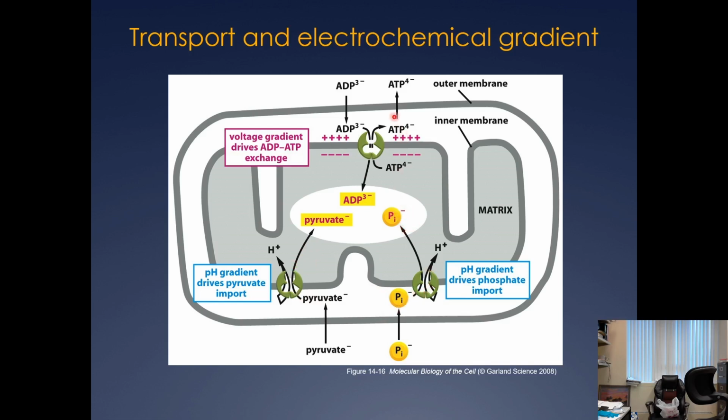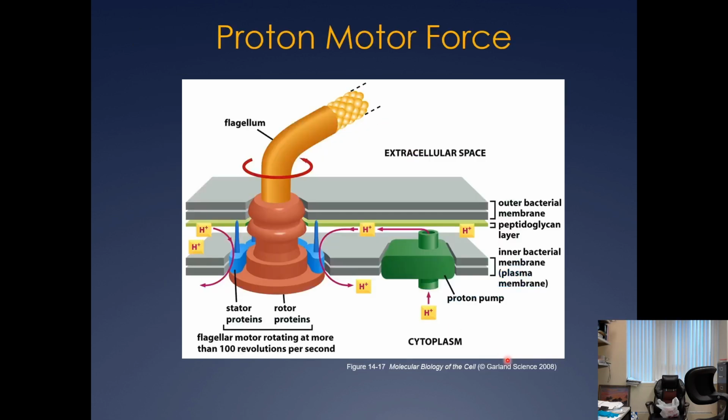And then you have a voltage-gated ATP-driven exchange here where ADP is being taken up and ATP is being released. Proton pumps also work with flagella. Here you have your proton pump, and it's using ATP in this case to drive protons in, and then the flow down will actually cause the flagella to spin.